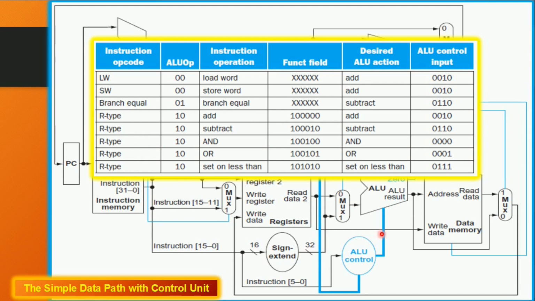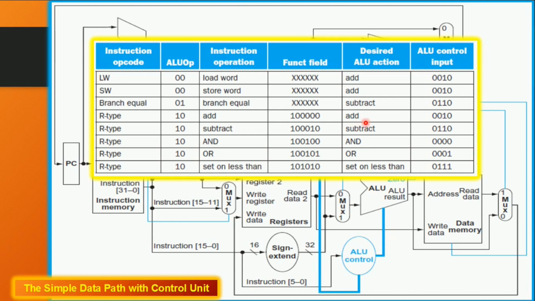For subtraction, the 4-bit ALU control signal will be 0110. For R-type instructions, ALUOp is 10 and the control signal will be generated based on the last 6 bits in the instruction. That is your function field. So based on the function only, this 4-bit control signal will be generated.